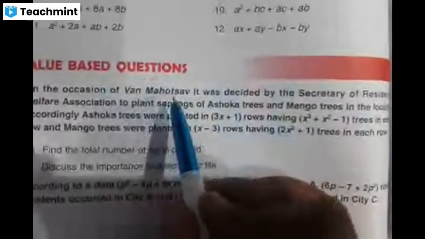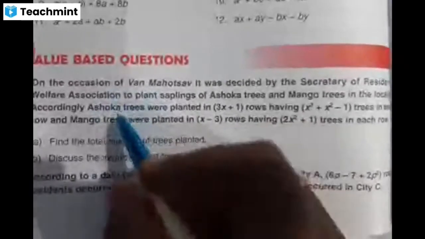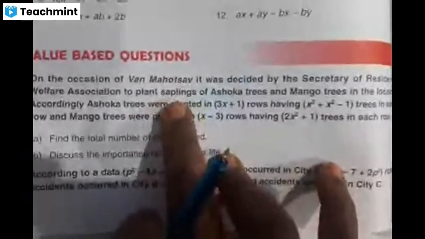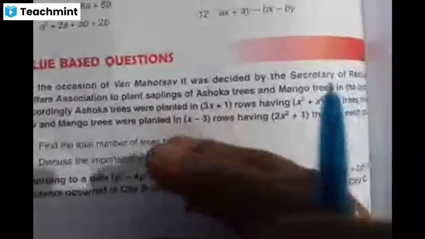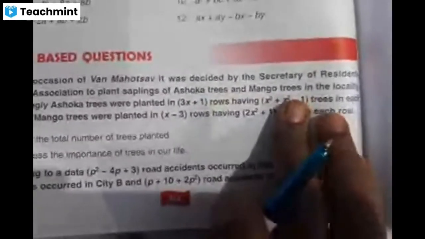Van Mahotsava Day is celebrated, children, and on this day they have planned to plant saplings. Saplings means small plants. Saplings of which trees? Ashoka trees and mango trees.